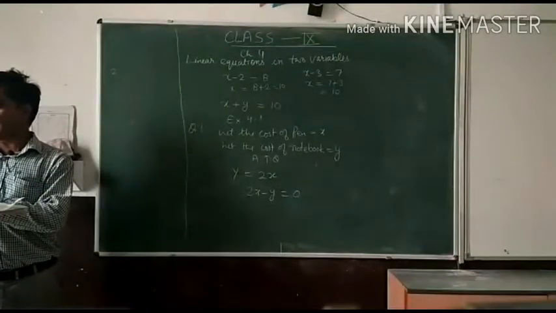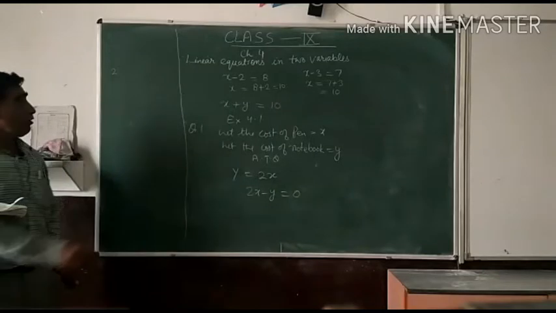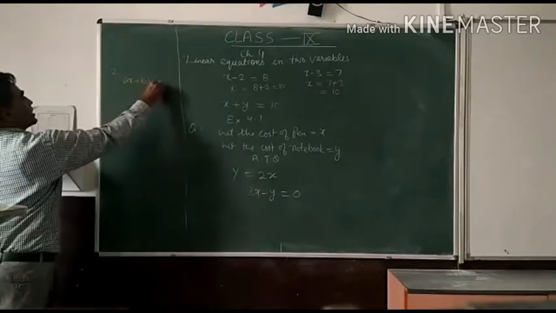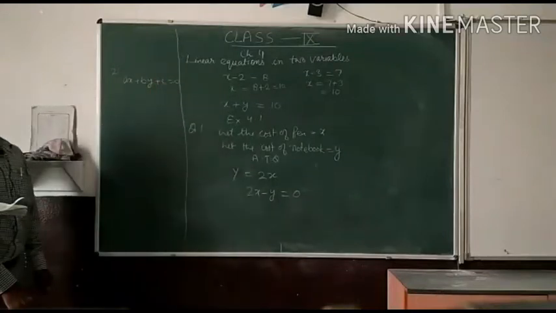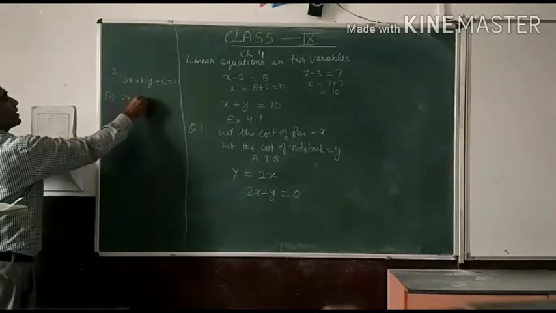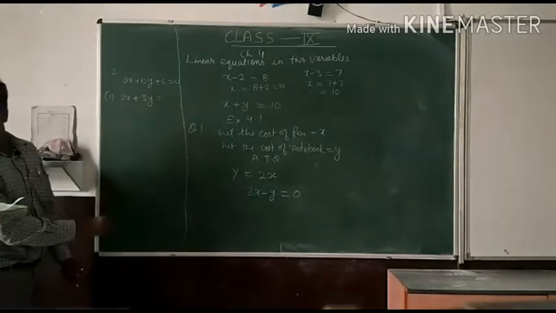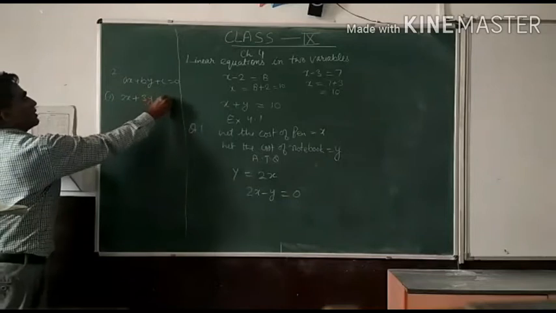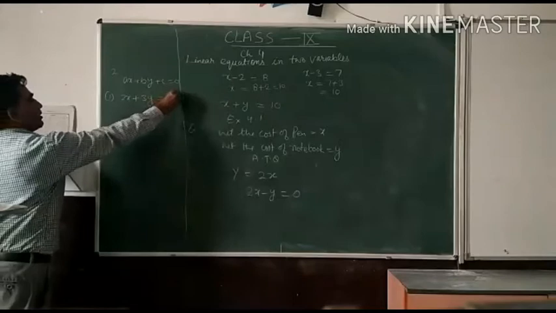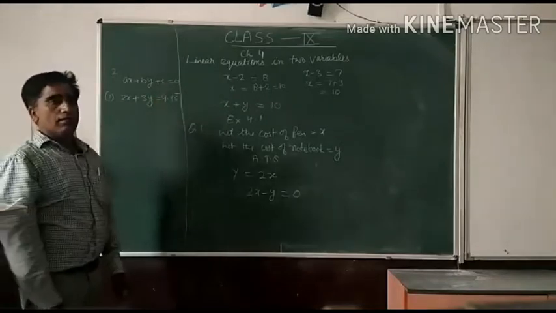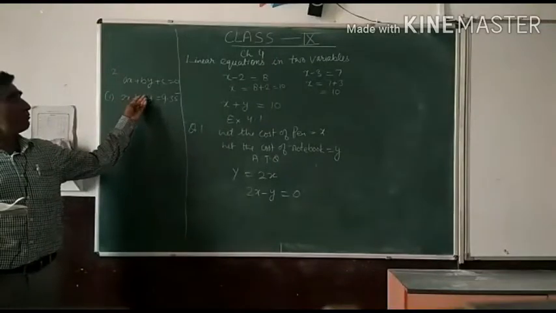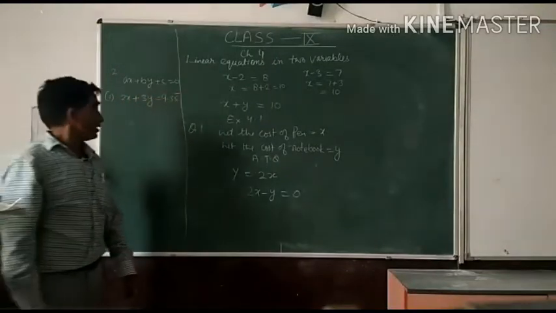Now in question number 2, express the following linear equations in the form ax plus by plus c is equal to 0. In the first part, 2x plus 3y is equal to 9.35. We have to find the constant values a, b and c from here.